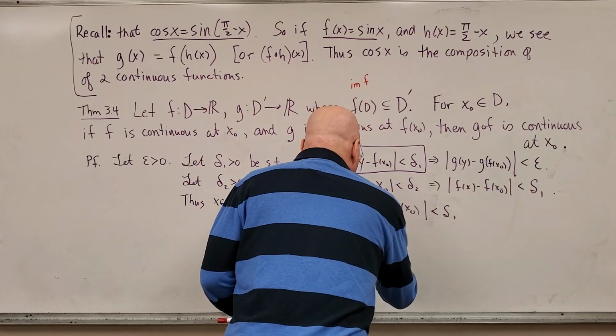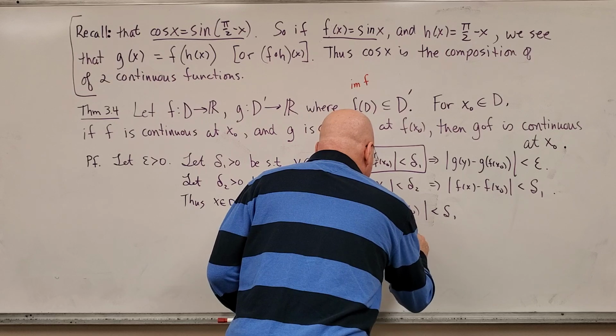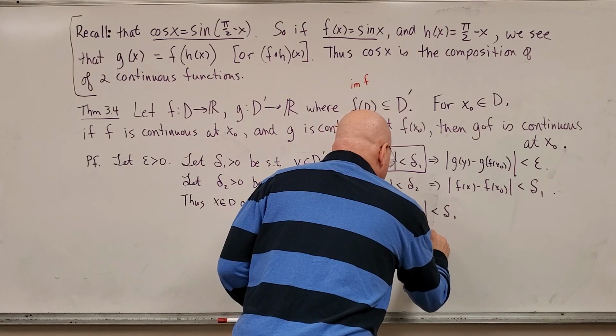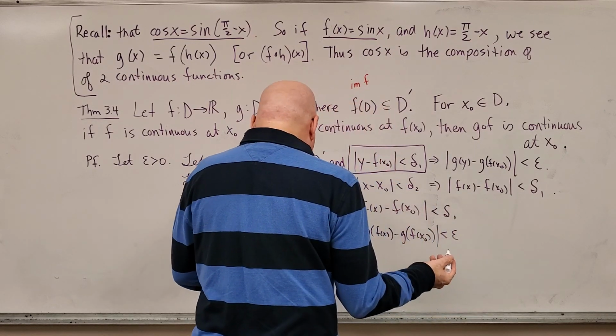So the absolute value of g of f of x minus g of f of x naught is less than epsilon. And that completes the proof.